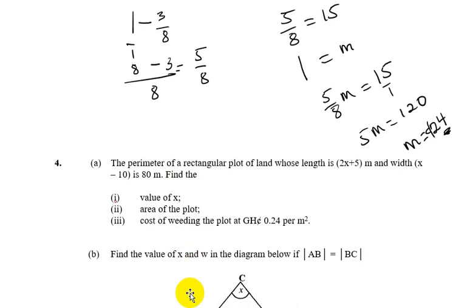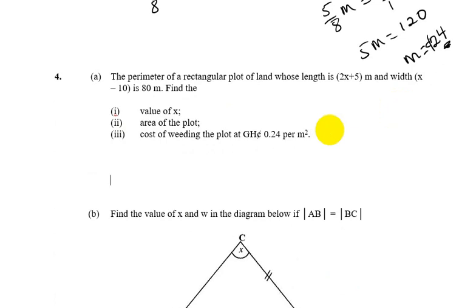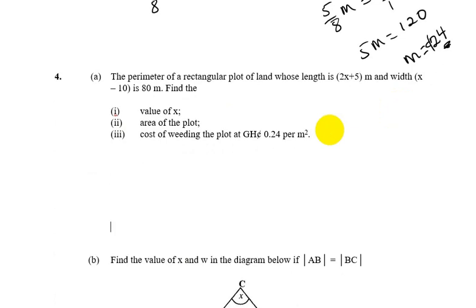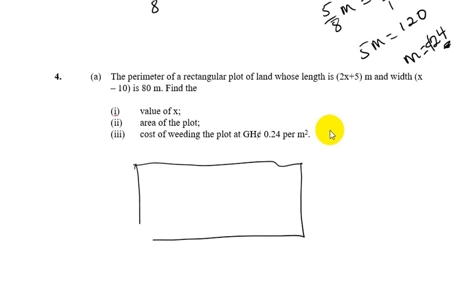Now, the next question says, that's question 4, the perimeter of a rectangular plot. This question will be very, very interesting. They said the perimeter of a rectangular plot of land whose length is, so let's draw the rectangular box. Don't mind my crooked rectangle.